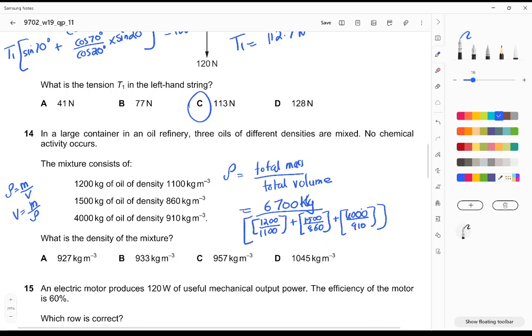So 6700 divided by brackets, and I'm going to be doing this: 1200 divided by 1100 bracket close, plus 1500 divided by 860 bracket closed, plus 4000 divided by 910 bracket closed, and we also use another bracket for that value, and I'm getting an answer of 926.6. So this should be 927. A should be the right answer.